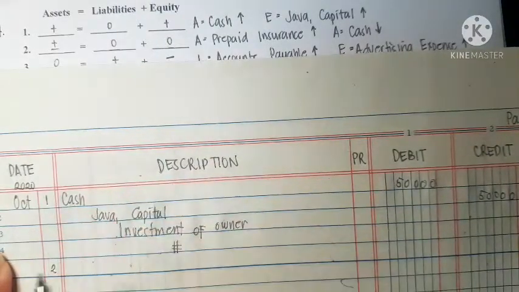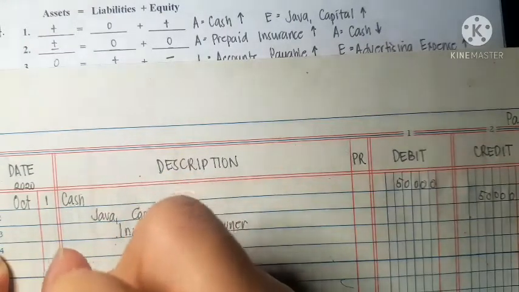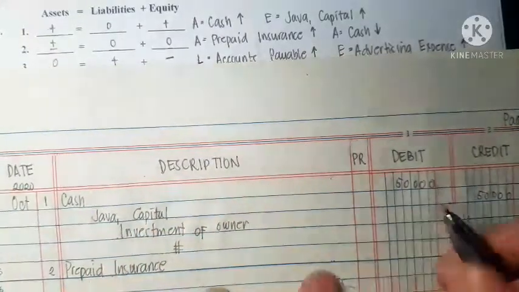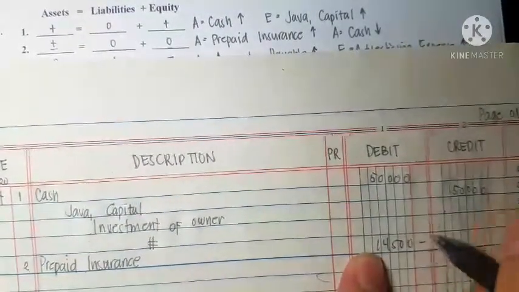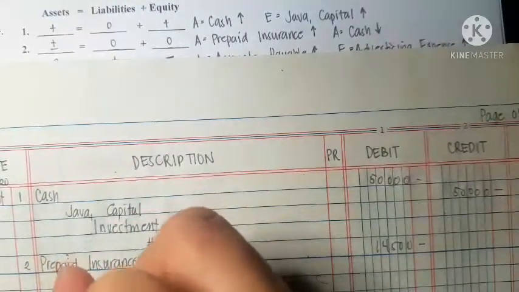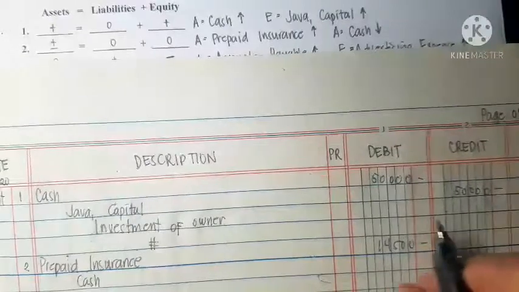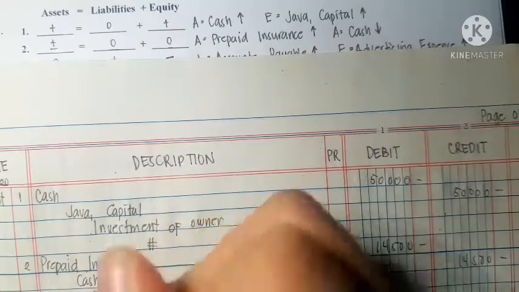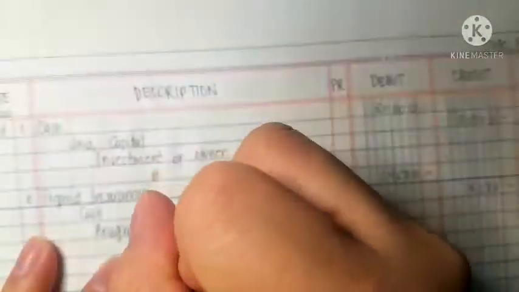October 2, we debit prepaid insurance for 14,500, and we credit cash 14,500. Explanation: bought insurance.